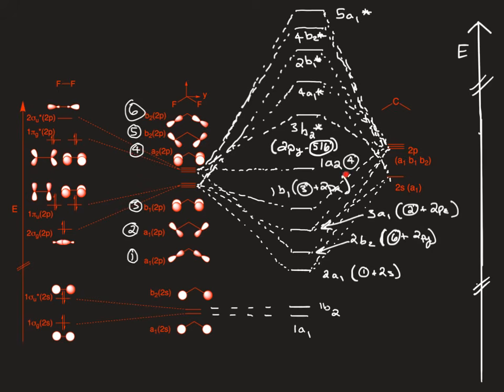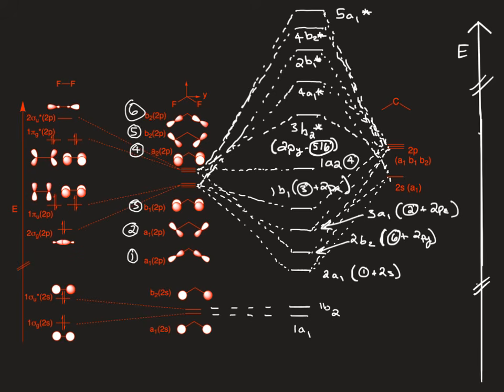The non-bonding A2 combination is from this out of phase combination on the F2, followed by the antibonding B2 that is dominated by the 2py and a combination of SALC 6 and SALC 5.